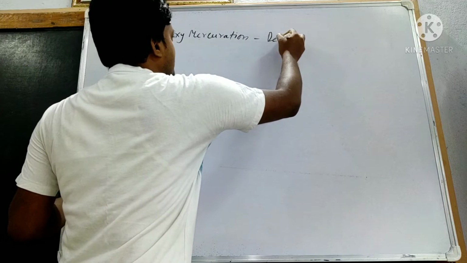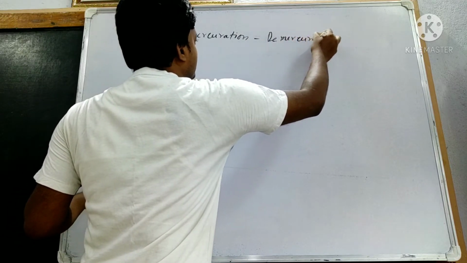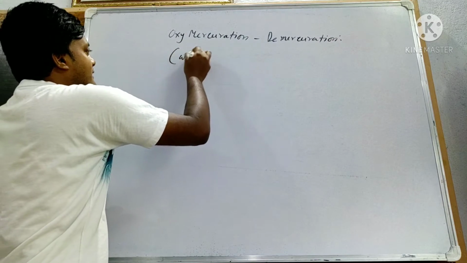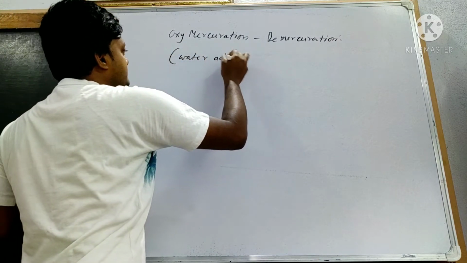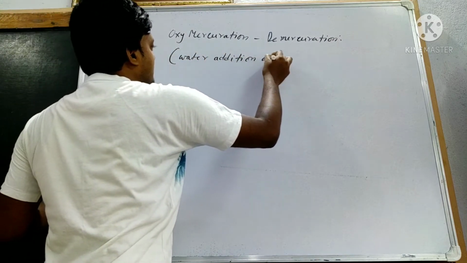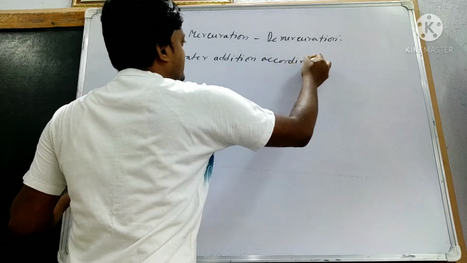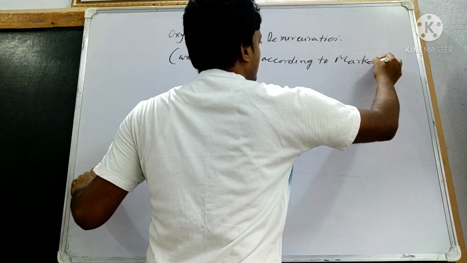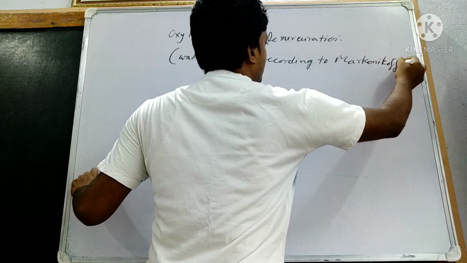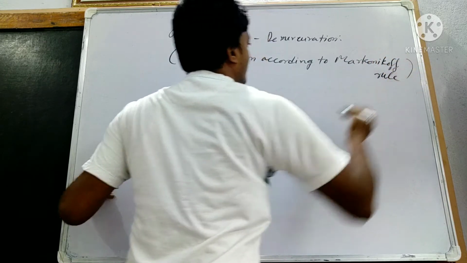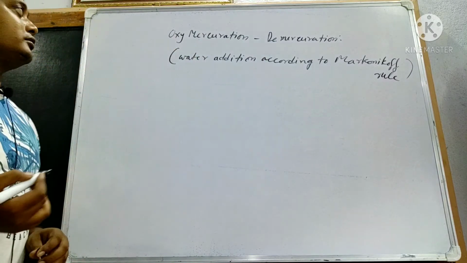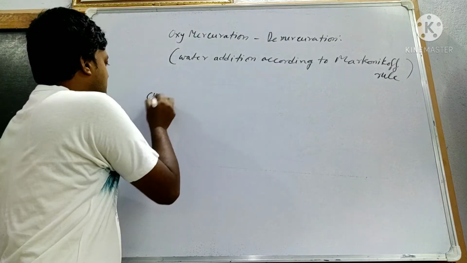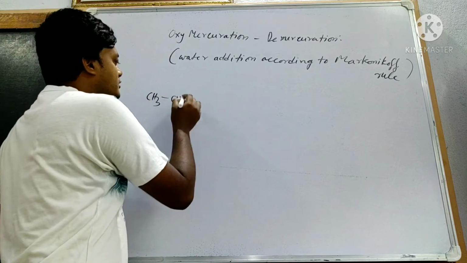Second method, oxymercuration and demercuration. Now this one is water addition according to Markovnikov rule. So here we will apply that Markovnikov rule.